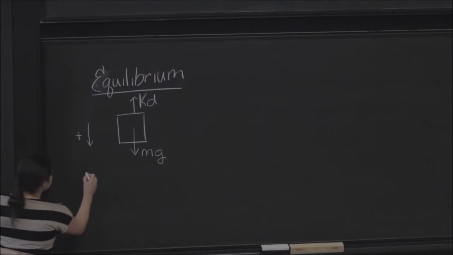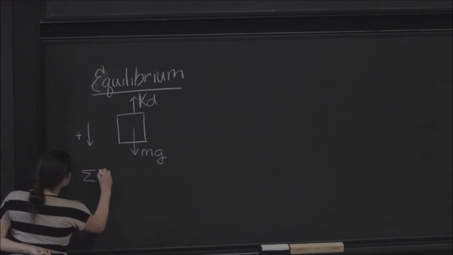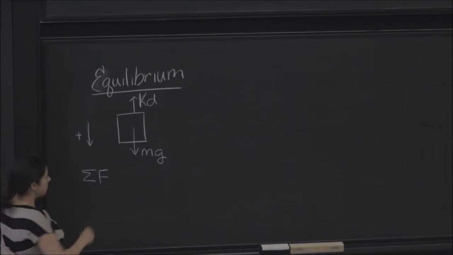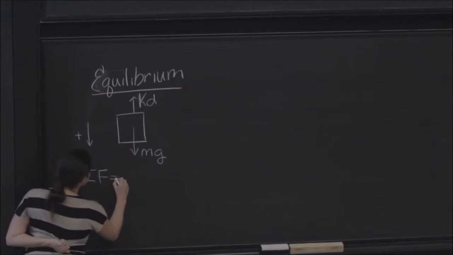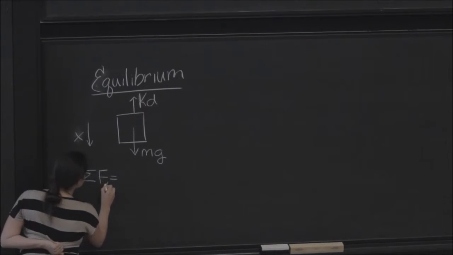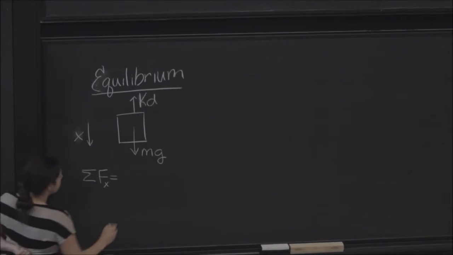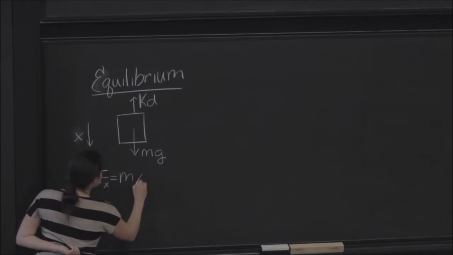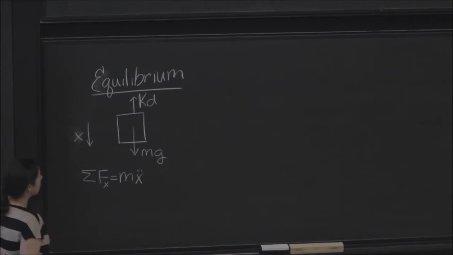Okay, so if I do my sum of the forces in the positive downward direction, let's call that direction x. The sum of the forces in the x direction, I'm going to get m x double dot always, right?